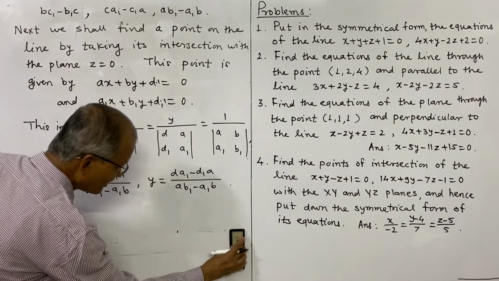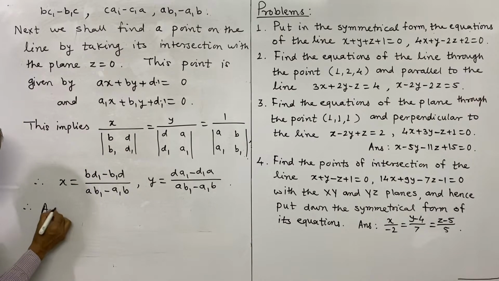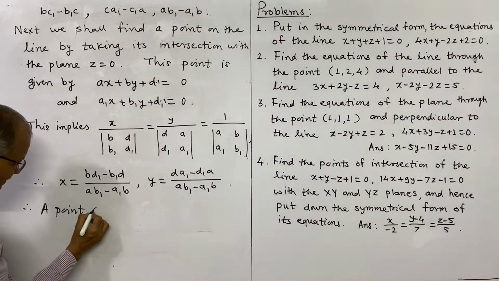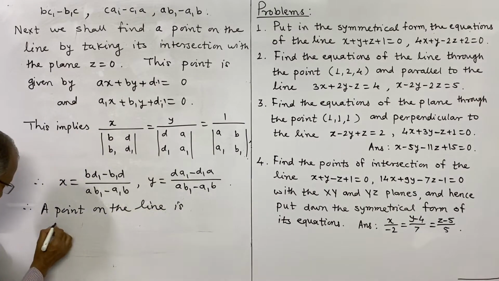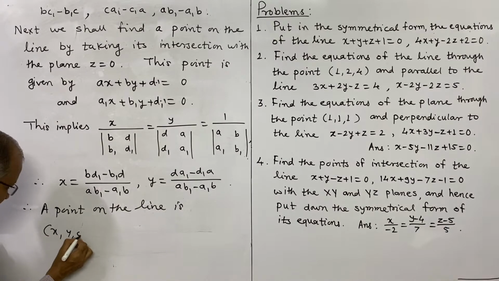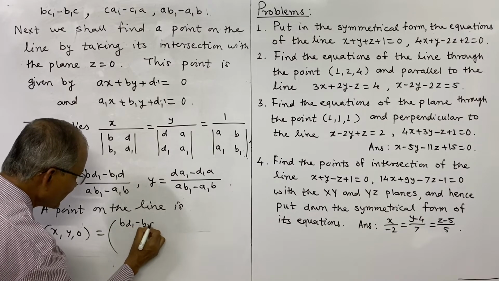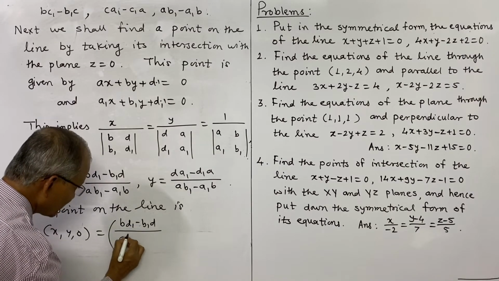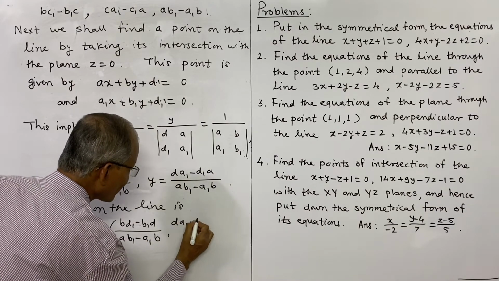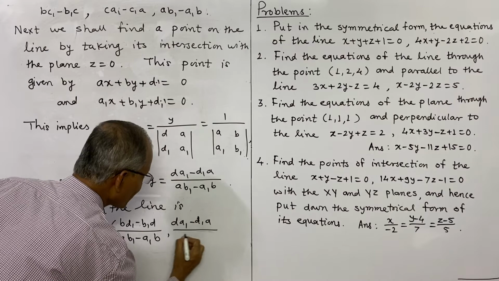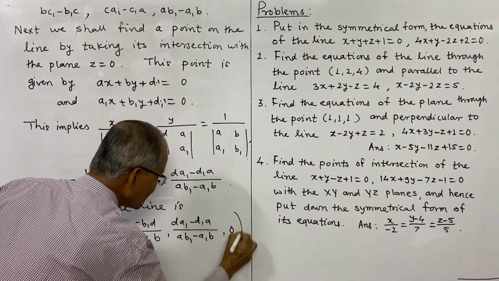So therefore a point on the line is this one, x y 0, or that is bd1 minus b1d divided by ab1 minus a1b, and z is 0.